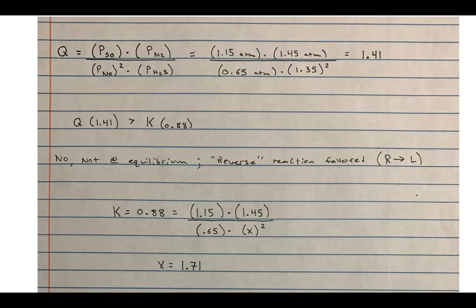Now that I found my reaction quotient Q, I can compare it to the equilibrium constant they gave me in the problem. They told me my equilibrium constant was 0.88.